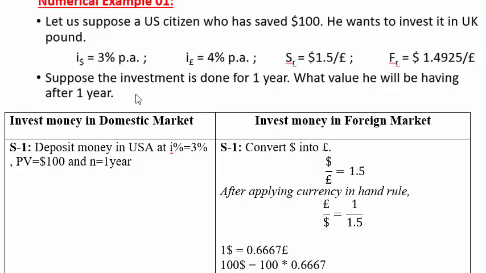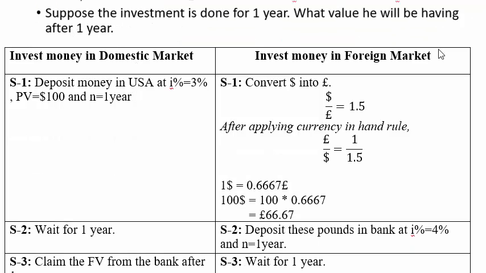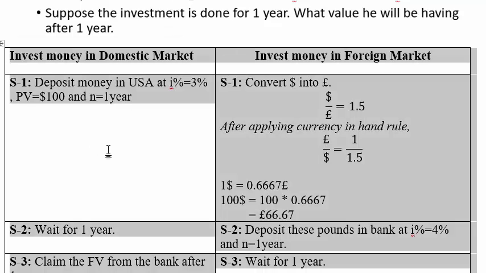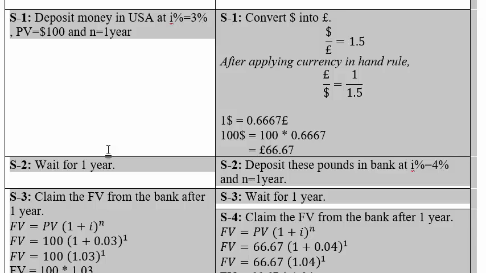So I will repeat the same process: this US citizen who has $100 has two options actually. He can invest money in the domestic market, which is the US market, or he can invest money in the foreign market. As you know the process, I have already solved the numerical and I will explain it.